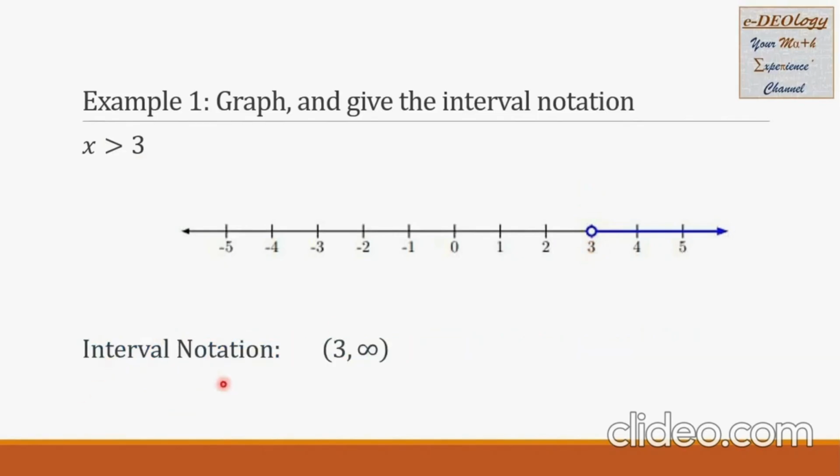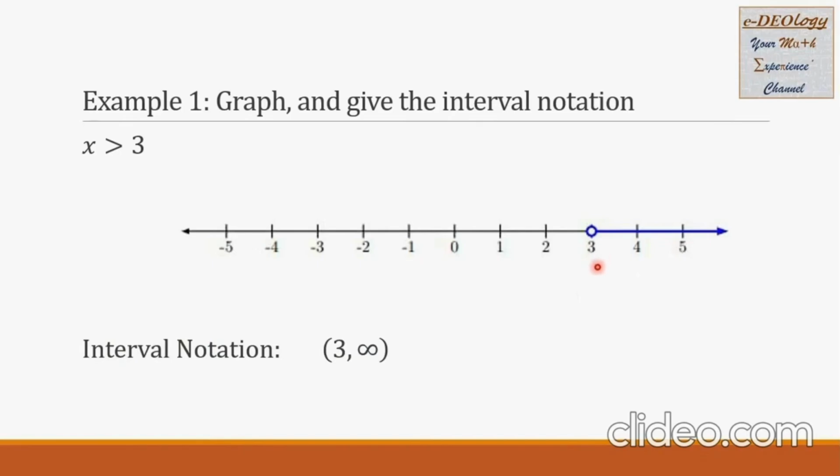Next, for the interval notation, we're going to put the solution set, and we're going to write the endpoints of the solution set. Take note, the first number that we're going to write is the lowest.